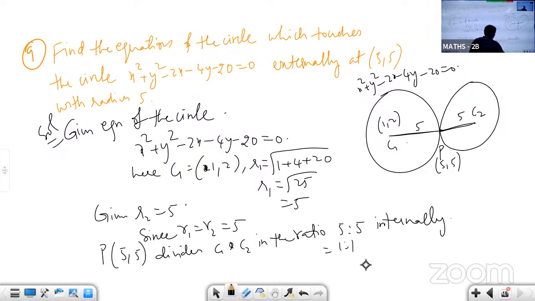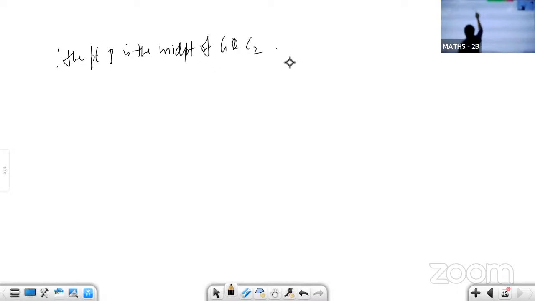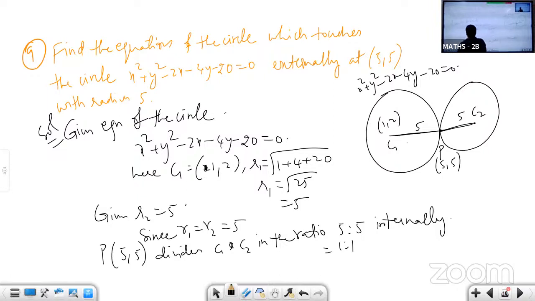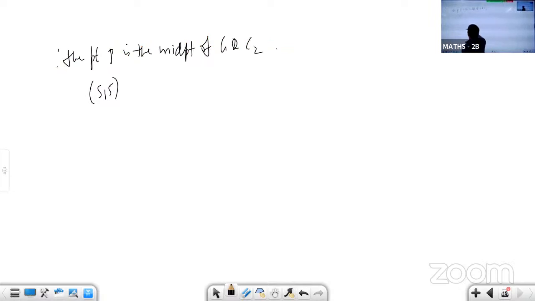Therefore, the point P is the midpoint of C1 and C2. So midpoint I know is 5, 5. In the previous board, you noted, given R2 and let C2 be H, K. What is C2? H, K. Right. So therefore the point P is the midpoint of C1, C2.